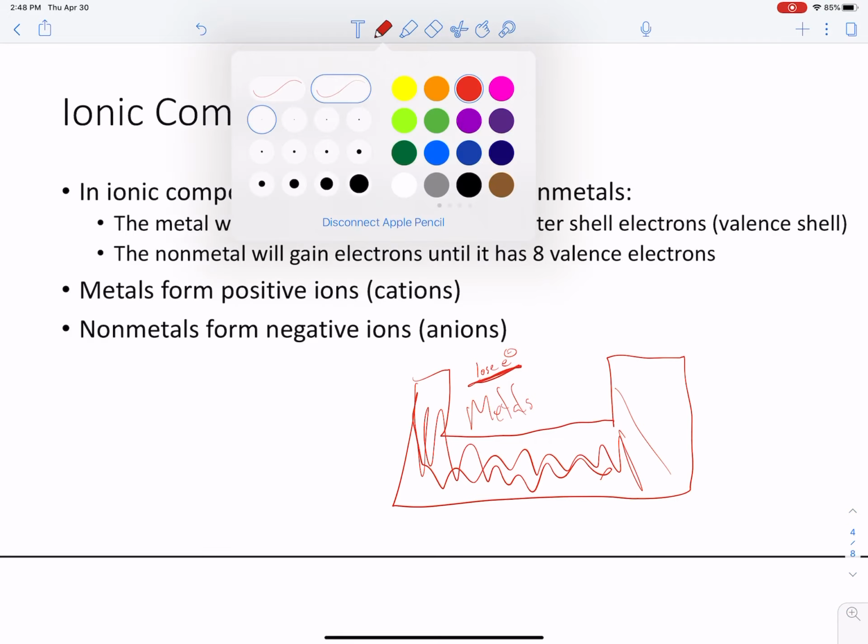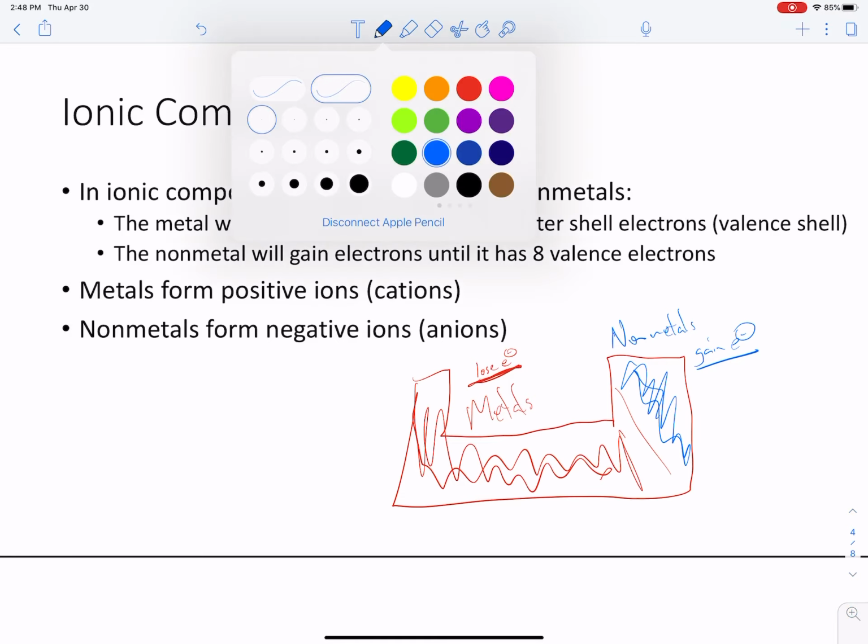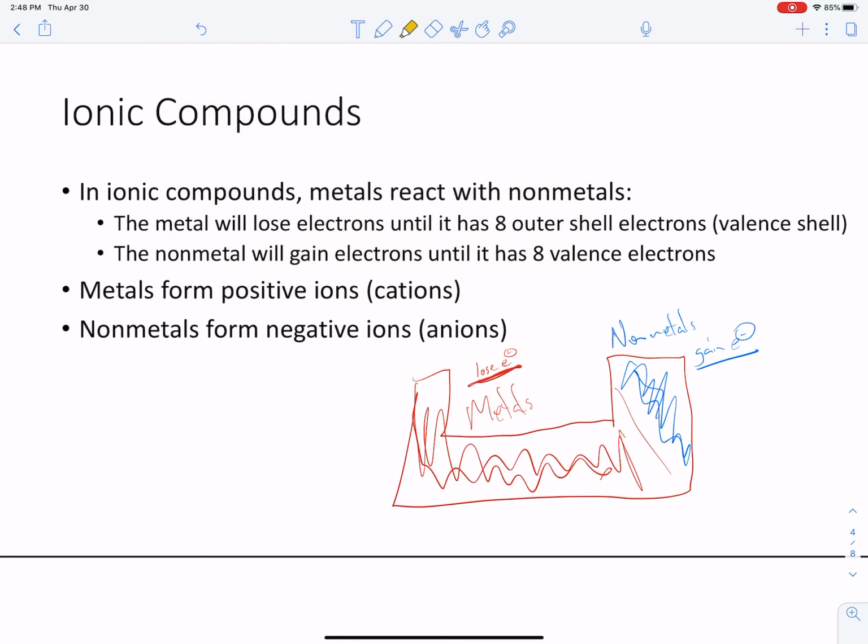You also have this thing over here on this other side, right here. These are non-metals. They are going to gain electrons. And they're all trying to look like something. What are they trying to look like?